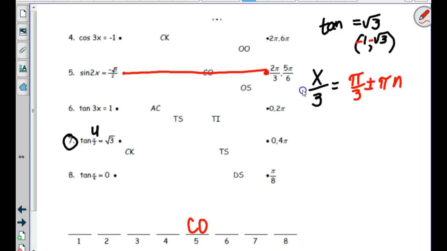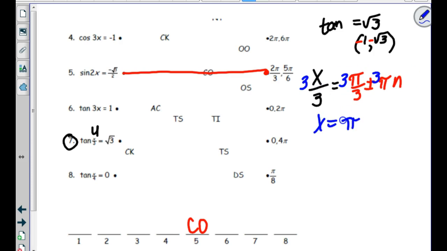What can we do to get rid of this 3? How do you get rid of a divided 3? You don't, because it's straight across, okay? You could, and it wouldn't matter. We may need that answer in a minute here. So when we multiply through by 3, this becomes x.